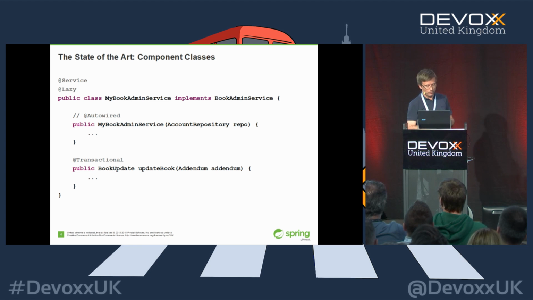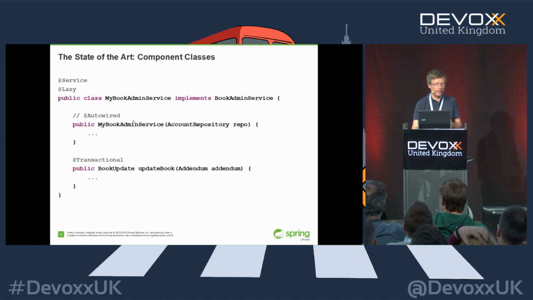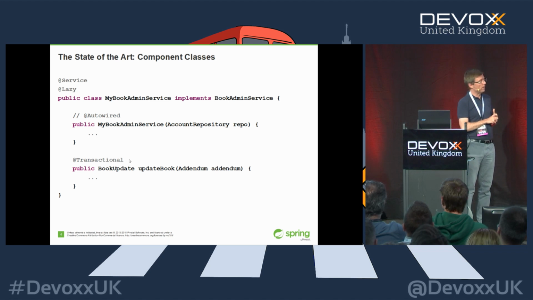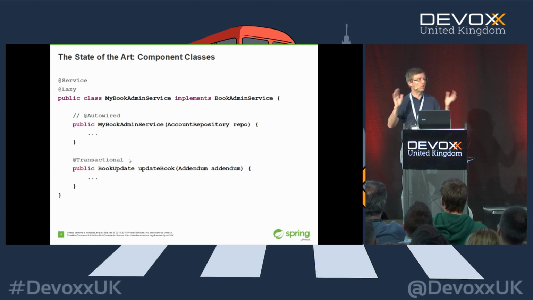There's the constructor injection indicated here by an @Autowired annotation at the constructor level, and @Transactional as a typical service-level annotation, in this case triggering the creation of a proxy or some form of weaving for a transaction begin and a transaction commit or rollback around this method.